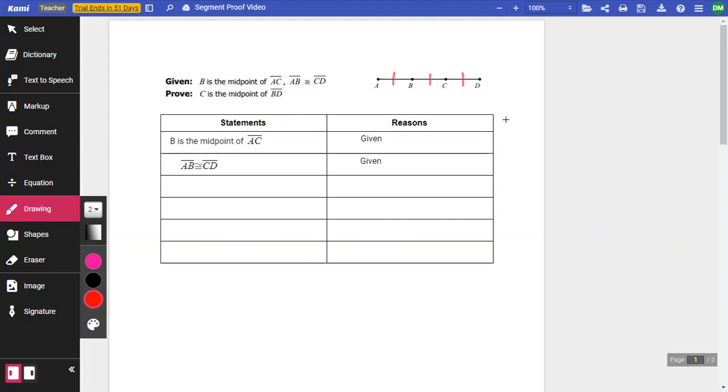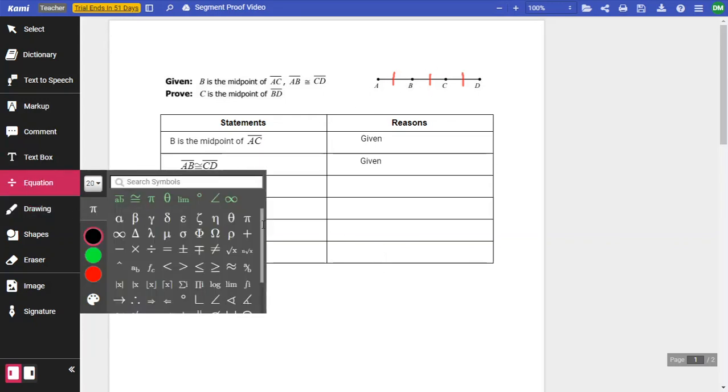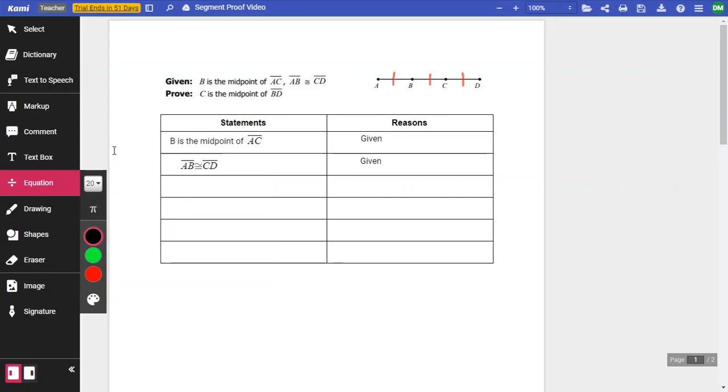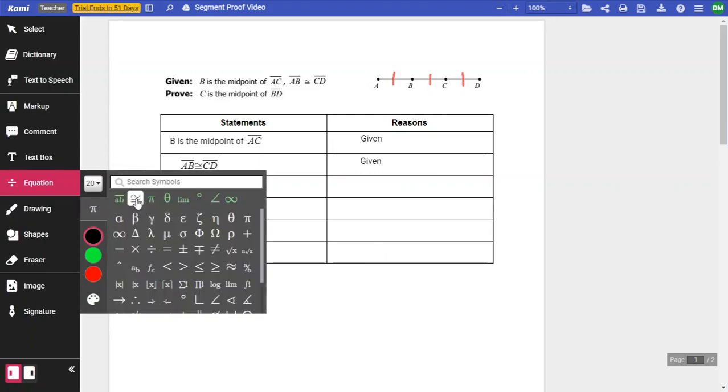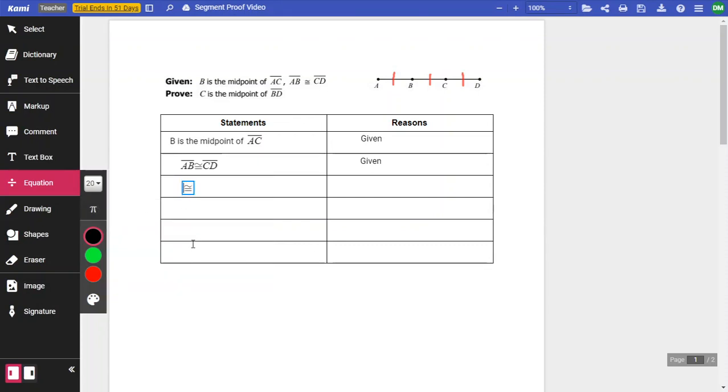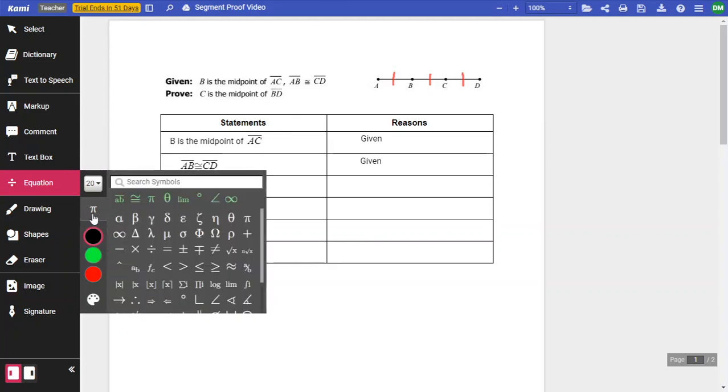So let's take this first statement, B is the midpoint of AC, and let's see if we can get another statement on here. So I know that if B is the midpoint of AC, then segment AB, whoops, that's not the symbol I wanted. Segment AB is going to be congruent to segment BC, just like I marked up here.